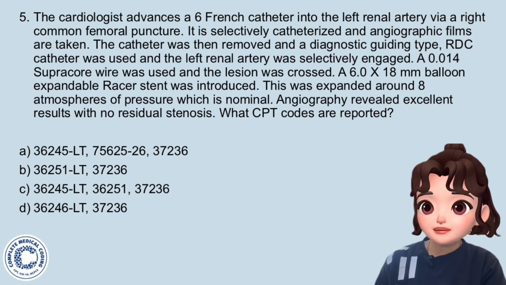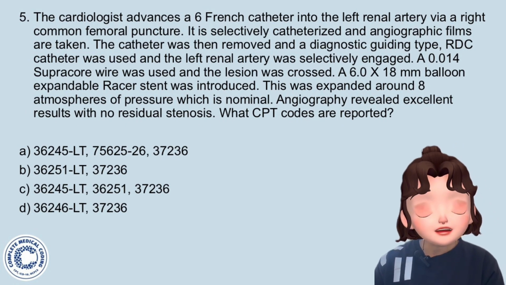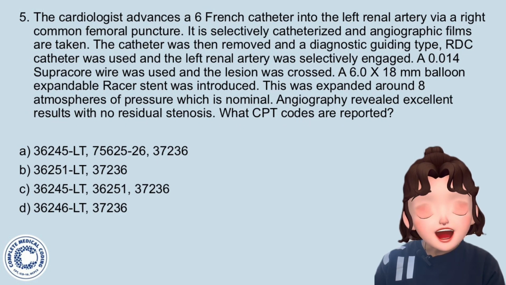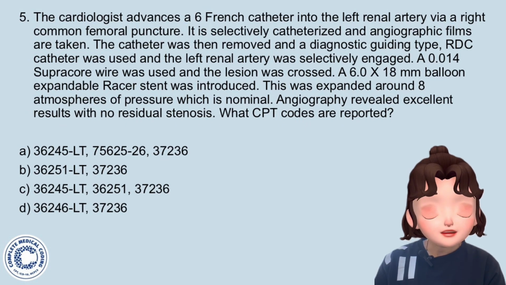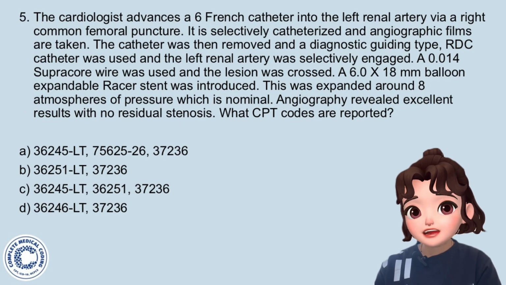And what is 36251? Selective catheter placement, first order, main renal artery, and any accessory renal artery for renal angiography, including arterial puncture and catheter placement, fluoroscopy, contrast injections, image post-processing, permanent recording of images, and radiological supervision and interpretation, including pressure gradient measurements when performed and flush aortogram when performed, unilateral.